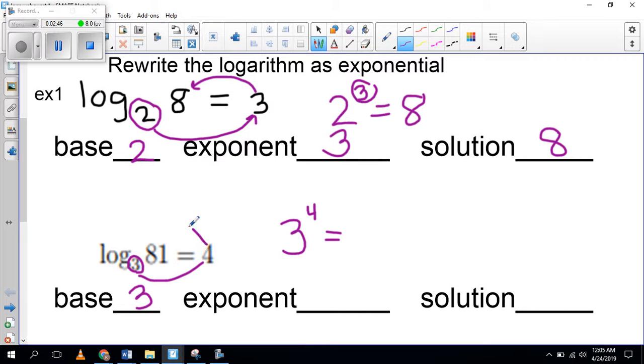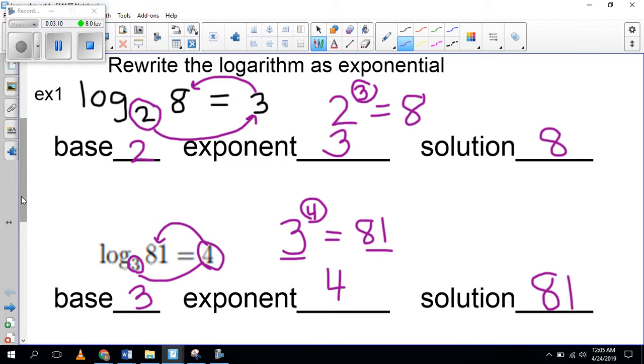Now from the 4, we're going to go to 81. So equals 81. And we can identify everything we need to know. 3 was our base. 4 is our exponent because it's up in the air, or you can look here, it's in the x position. And 81 will be our solution.